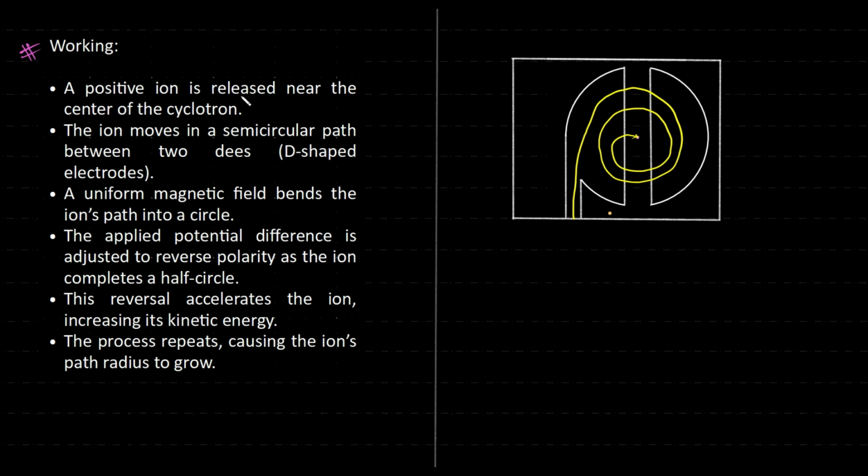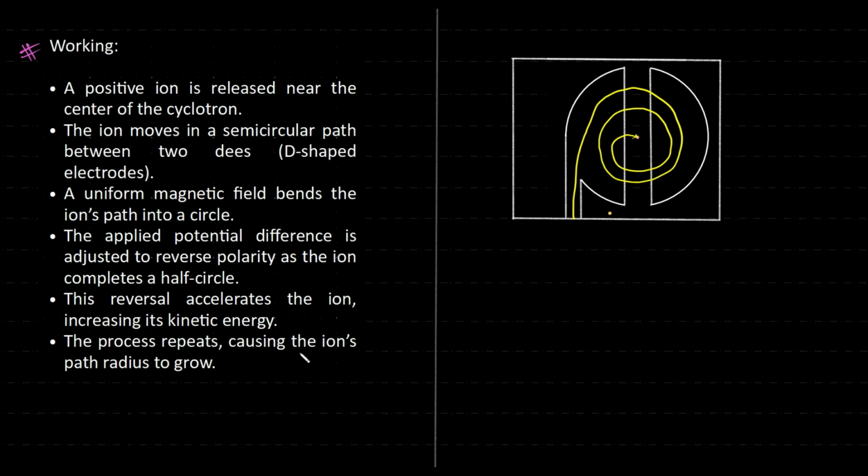So a positive ion is released near the center of the cyclotron, so it's near only. The ion moves in a semicircle path between the two D's. Okay. The uniform magnetic field bends the ion path into a circle. The applied voltage between the D's is adjusted to reverse polarity so that the ion completes a half circle. This reversal accelerates the ion, increasing its kinetic energy.